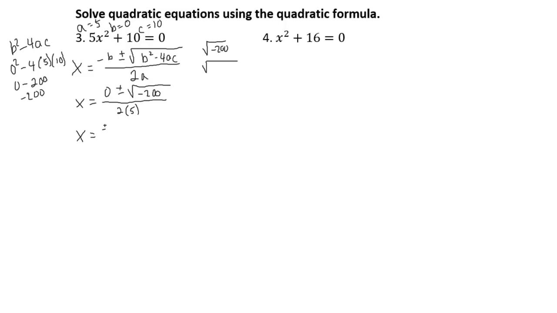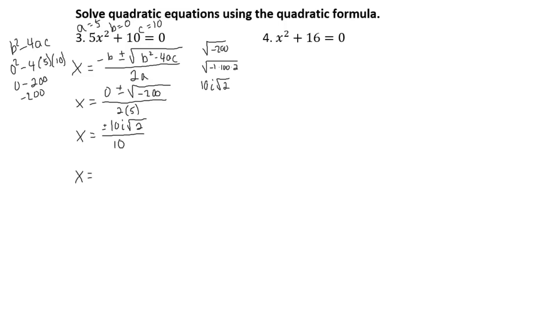That is the square root of negative 1 times 100 times 2. So that would be 10i root 2. So we're going to put 10i root 2 over 10.